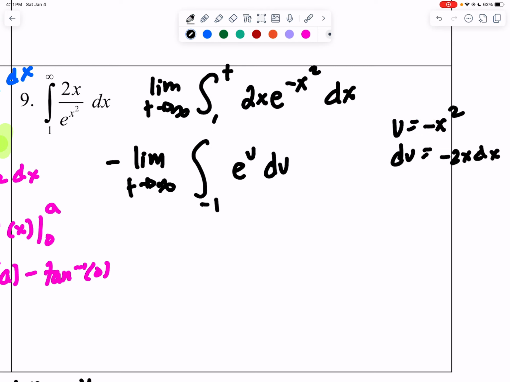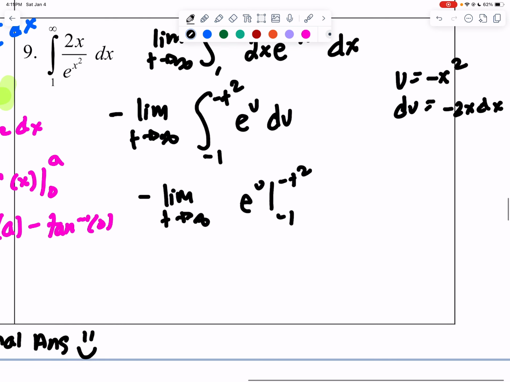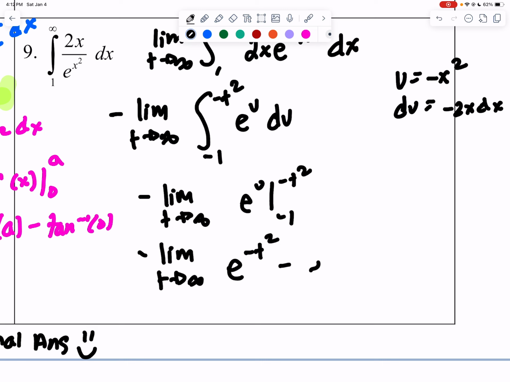And then if I plug in t here, that's just going to be negative t squared. I am going to go ahead and evaluate, take the antiderivative. If I take the antiderivative, that's just going to be e to the u from negative 1 to negative t squared. And that's going to be e to the negative t squared minus e to the negative 1.